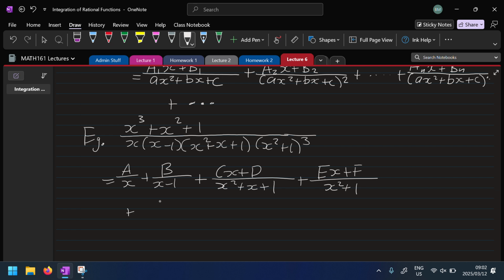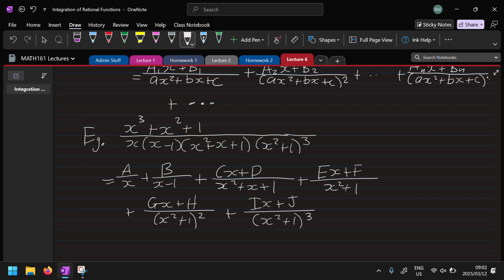So it will be plus, let's say, Gx plus H over (x squared plus 1) squared. That's the second one. Now we need one more because it's cubed. So that will be plus Ix plus J over (x squared plus 1) cubed. So we got the first one, second one, and third one because it's repeated 3 times.